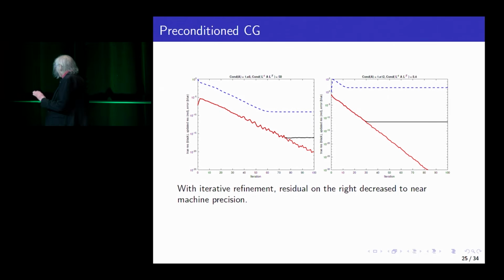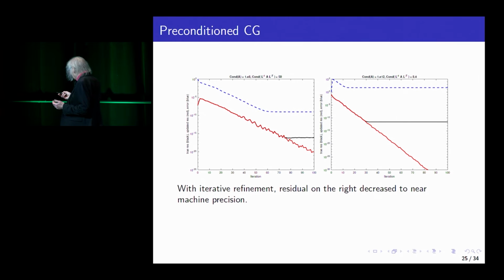But with a preconditioner, one can construct a problem where the approximate solution, where the error on the very first step grows by 5 orders of magnitude. On the right here is a problem where the condition number of A is 10 to the 12. The condition number of L inverse A, L transpose inverse is 8.4.